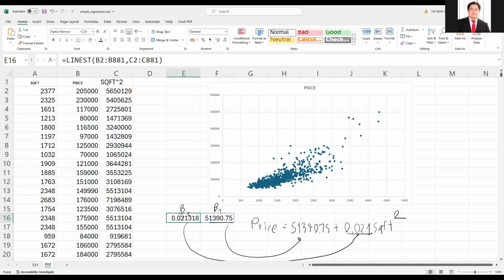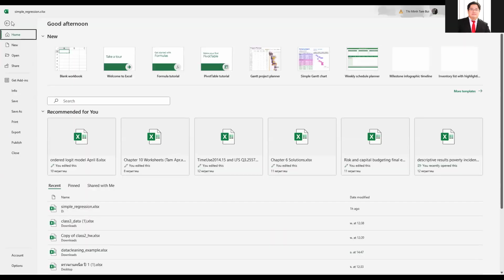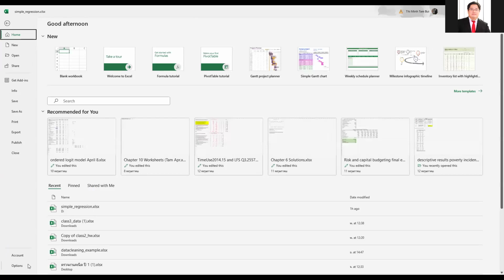Okay, let's change the method. This is one of the ways that we can estimate our data using Excel. There is another method, and I think it's better. But to do it you have to get the add-in for Excel first. So follow me. Go to File, then Options, the left bottom one.